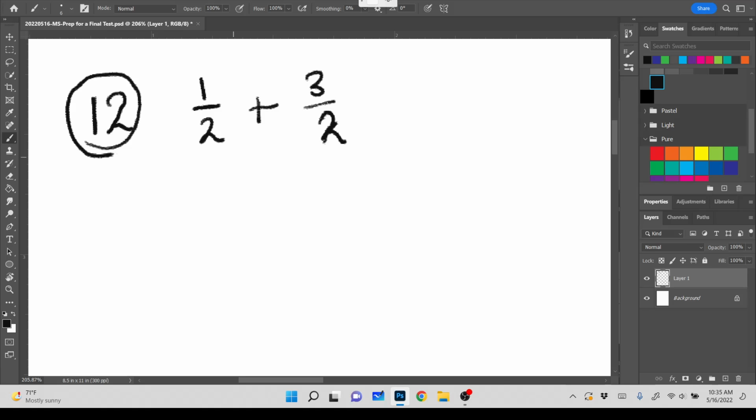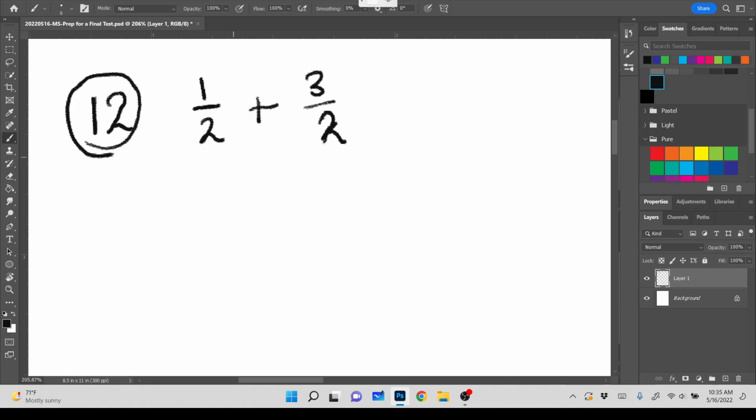What do we have to have before we add or subtract fractions? We have to have a common denominator. We already have one, which is great. So once we have a common denominator, what do we do then?